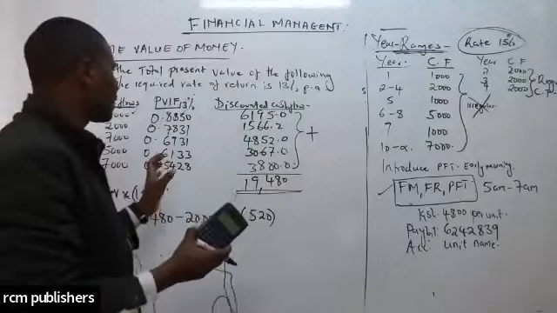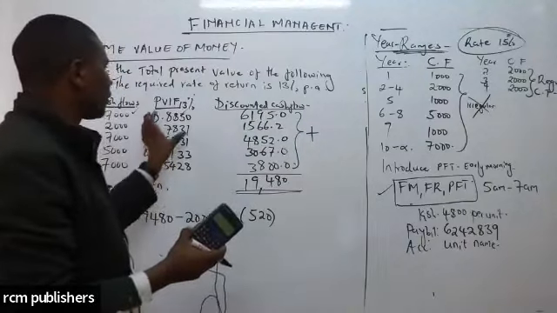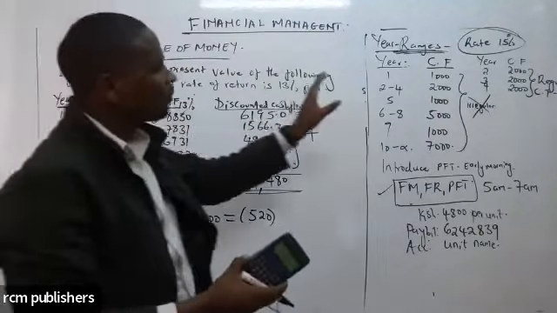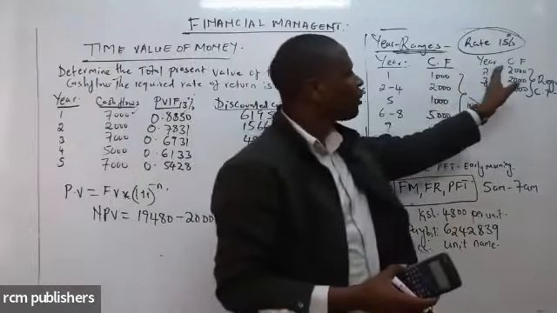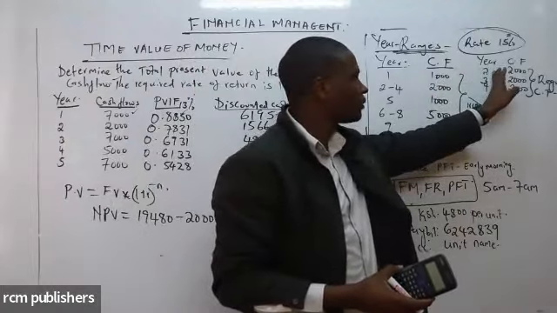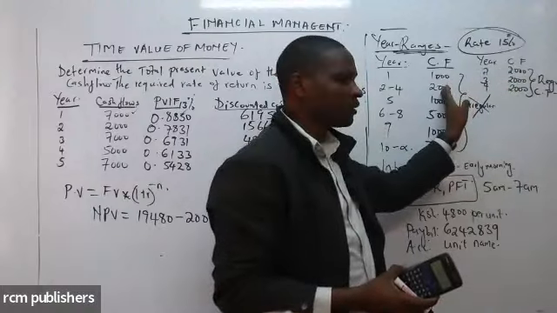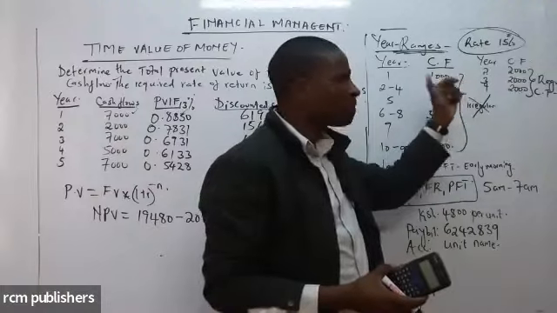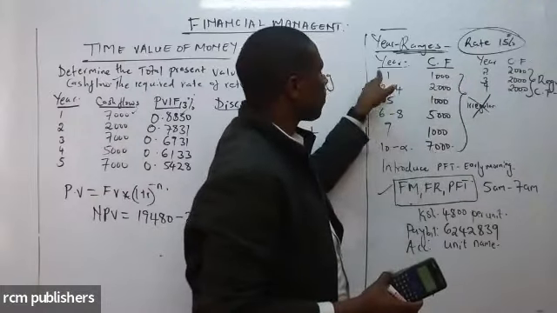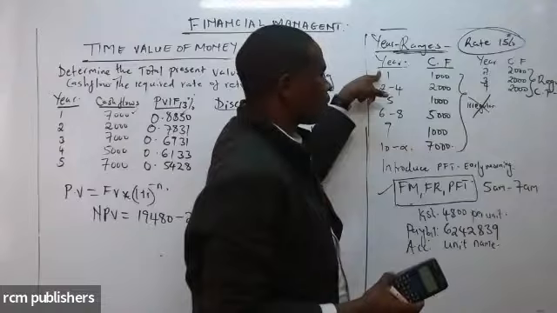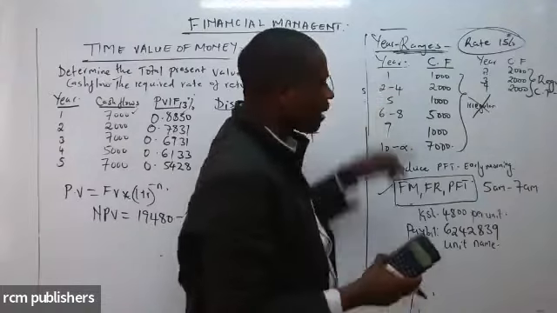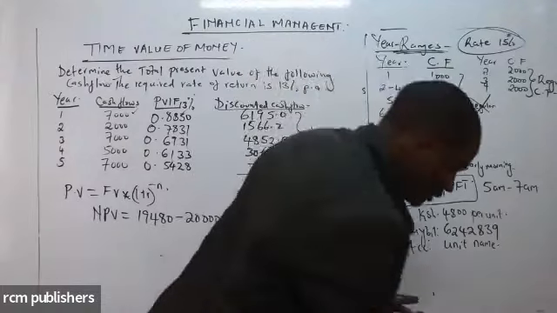You realize that for the PV, you'll have its own factor here. For the PVFA, you also have its own PVFA, but you need to incorporate the previous year. For example, we now elaborate here a bit.